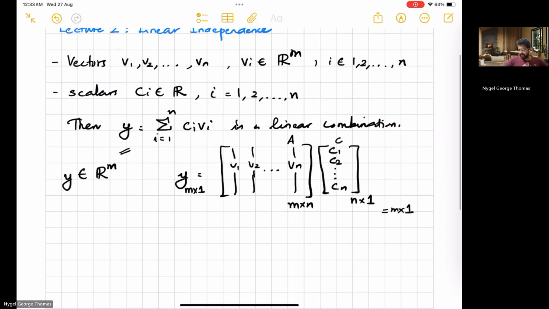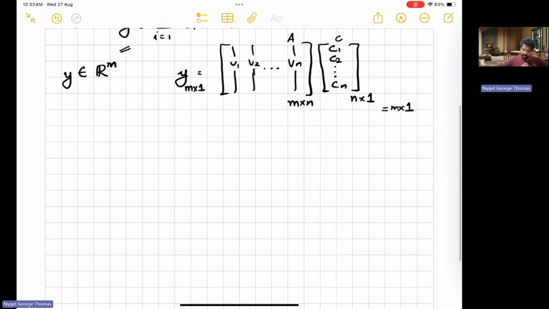Okay, this is one way of doing it. So why is this the same as linear combination? Because this is how we can view matrix multiplication. One way of viewing matrix multiplication with a vector is, if you consider each column of a matrix as a vector, then the multiplication can be viewed as scaling of each vector.